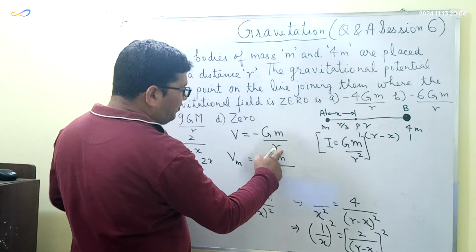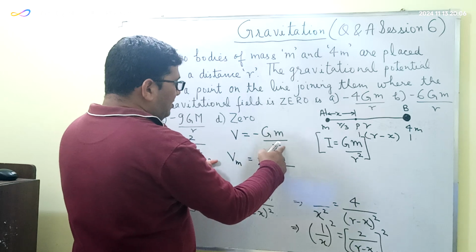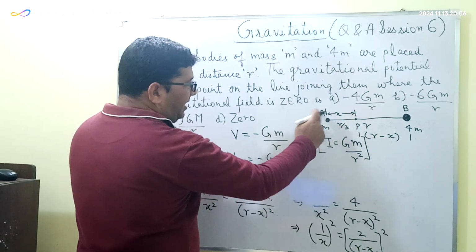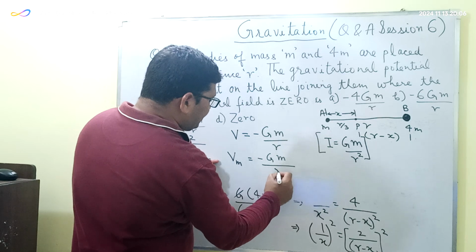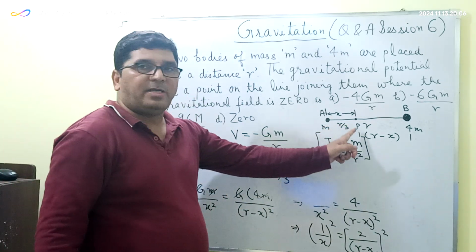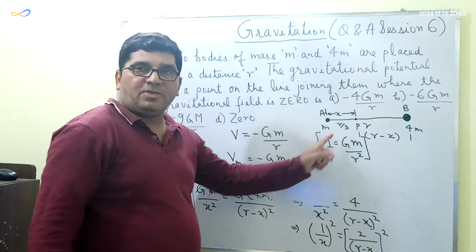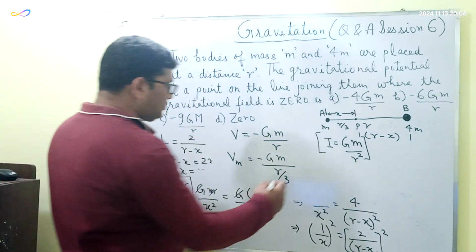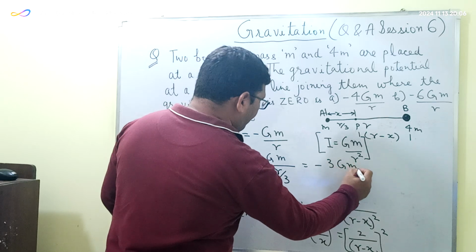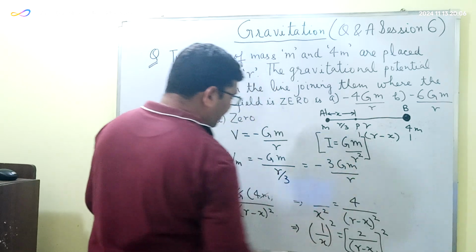I will put the value of this distance between P and A, which is r by 3. So this is equal to minus 3 G m by r.